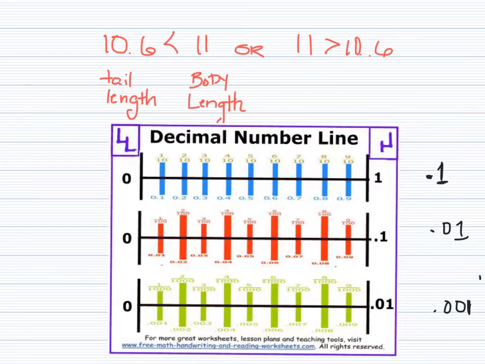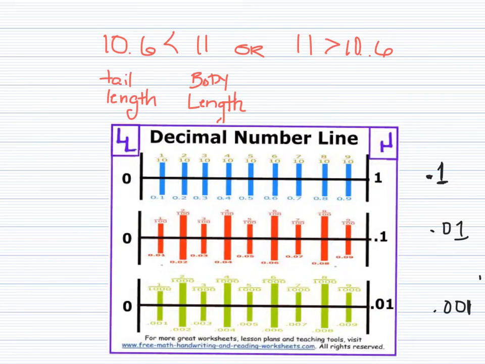And we have 0.001 is 1,000th. 0.002 is 2 over 1,000. 0.003 is 3,000ths. 0.004 is 4,000ths. 0.005 is 5,000ths. 0.006 is 6,000ths. 0.007 is 7,000ths. 0.008 is 8,000ths, and 0.009 is 9,000ths.